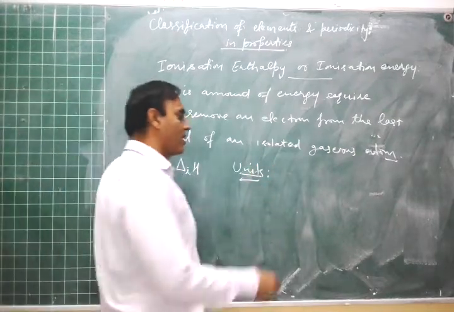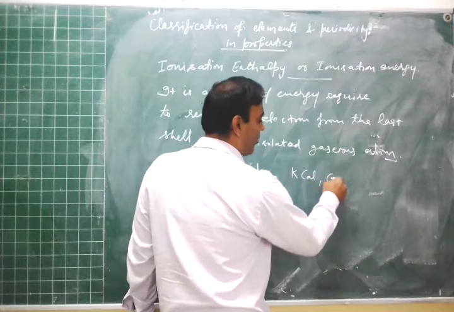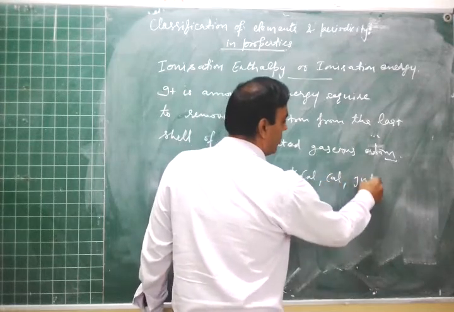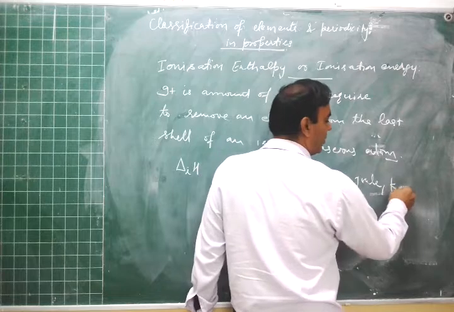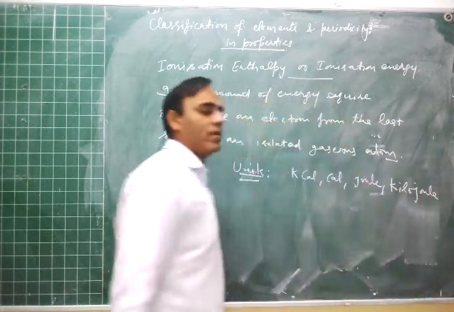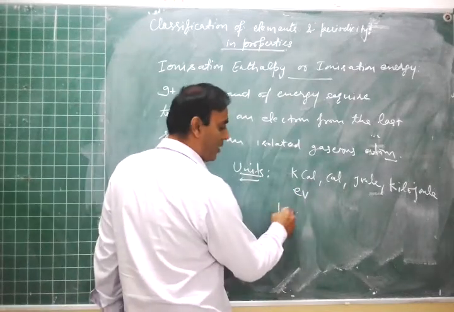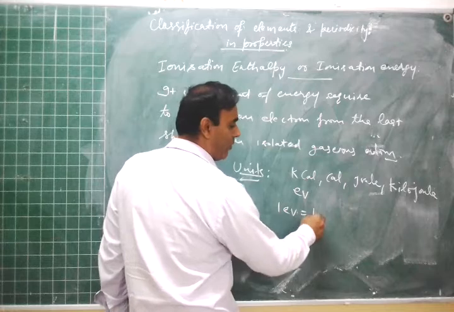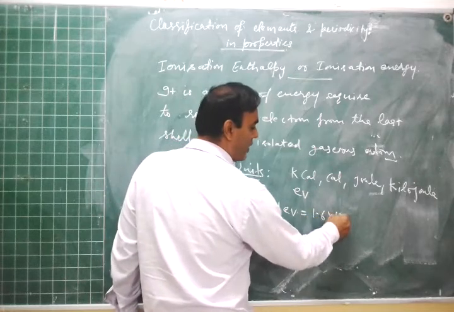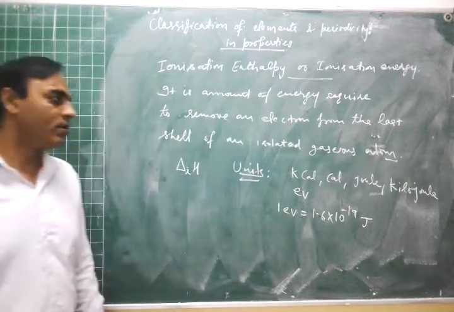Its units are kilocalorie, calorie, joule, kilojoule, and electron volt. What is an electron volt? 1 electron volt is equal to 1.6 into 10 raised to power minus 19 joule.